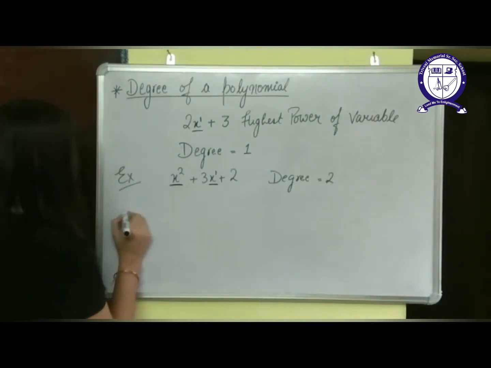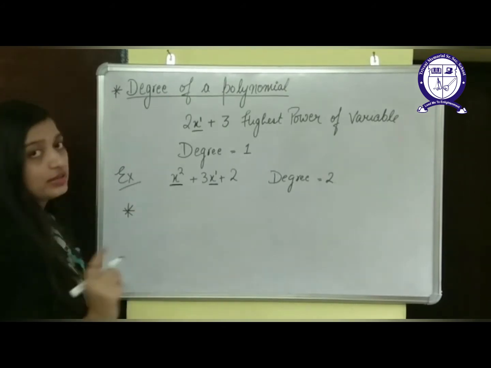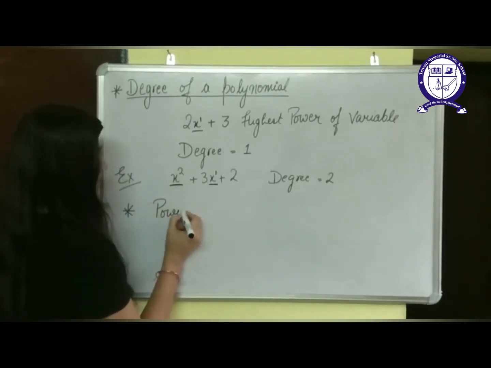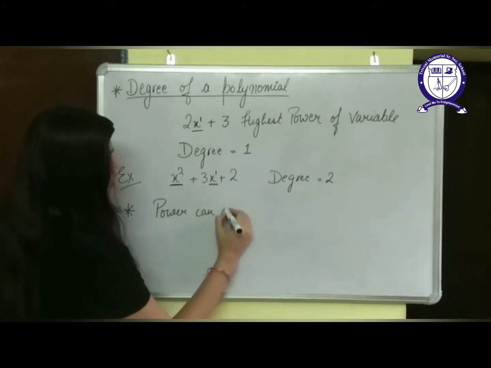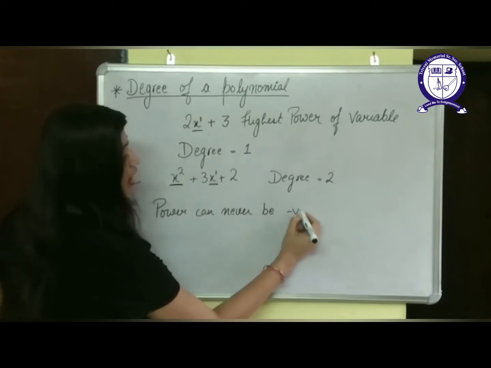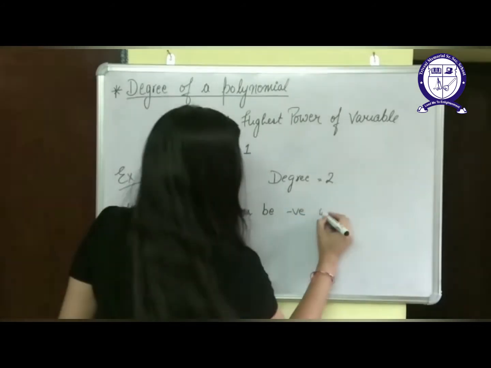Now there are two special cases when the powers are not defined. The first is the rule you need to remember: power can never be negative or in fractions.